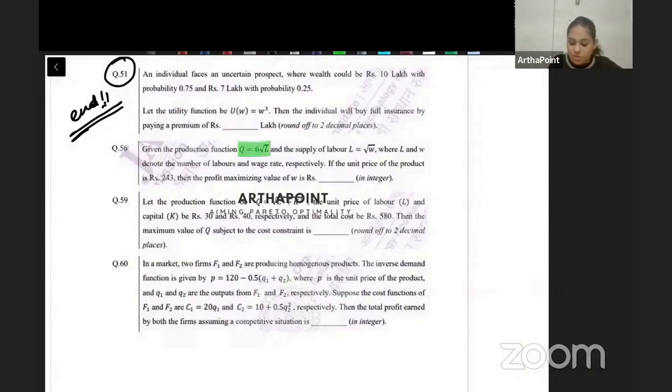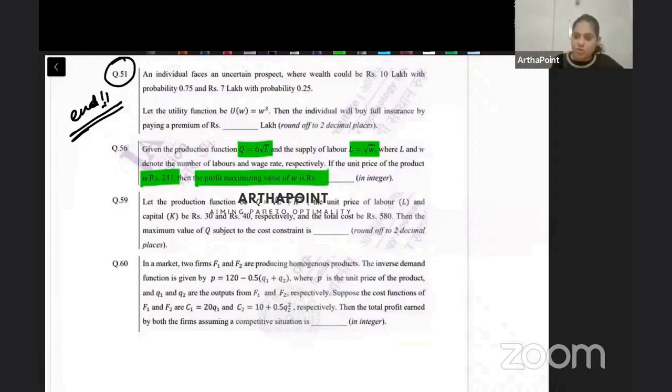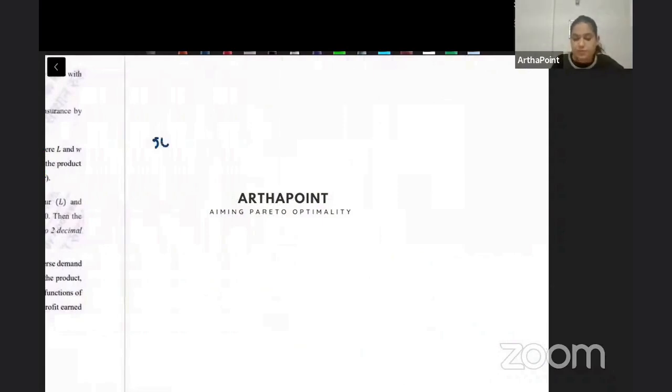Given the production function Q is equal to 6 root L and L as root W, and given that unit price is 243, then profit maximizing value of W is. Okay, so to do this question, let's find profit.